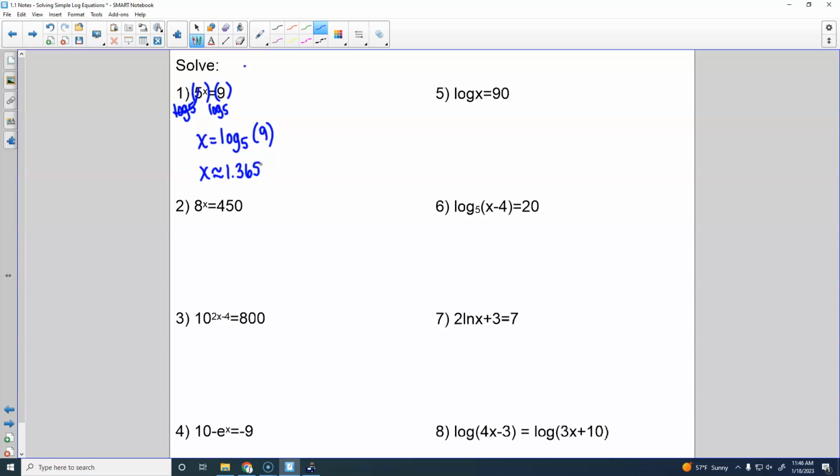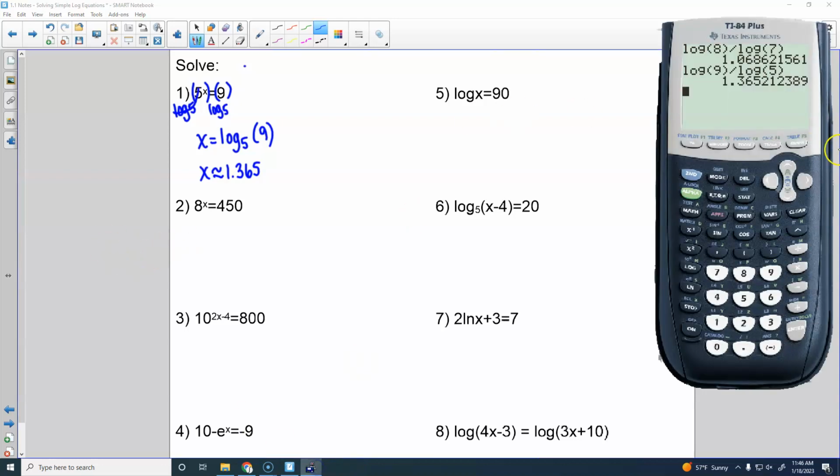If you keep more, it's okay. So if you had written down 1.36521, that's fine, because it's still correct to 3 decimal places. But if you round that to 1.4 or 1.37, I'm not going to like that. That's cut off too much. I want everything correct to at least 3 decimal places. Unless I tell you otherwise, just get in the habit of keeping at least 3.